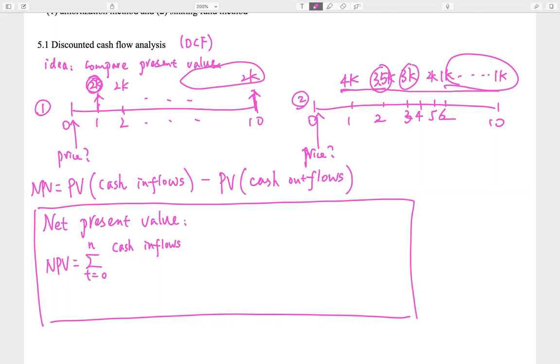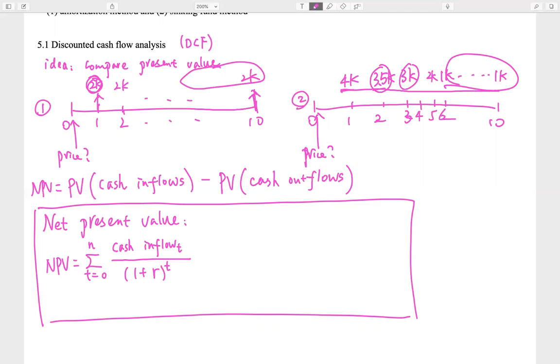Let's put inflow, not inflows, at time t. That means that is the money you will receive at small time t. Of course, that is in the future, so we need to do a proper discounting, divided by 1 plus r to the power of t.